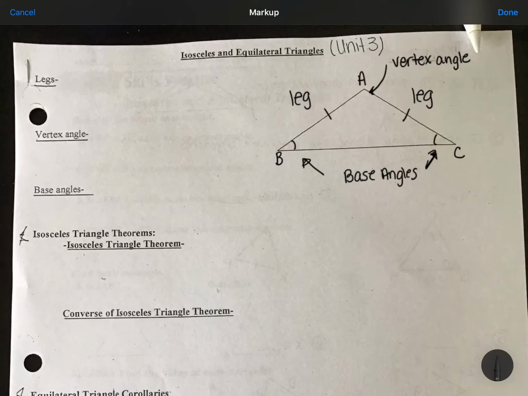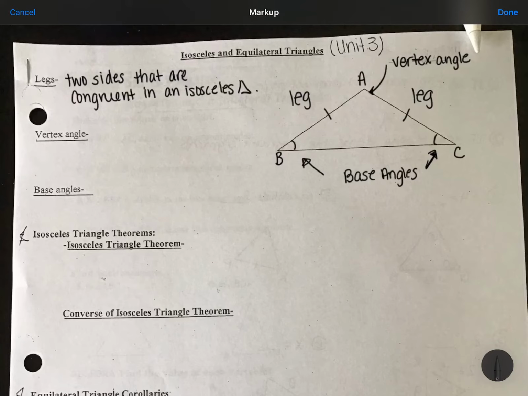Okay, so I have two congruent legs. Those two congruent legs make up the vertex angle, and then the angles made by the base and a leg are called base angles. So if you want some definitions over here, legs are the two sides that are congruent in an isosceles triangle.